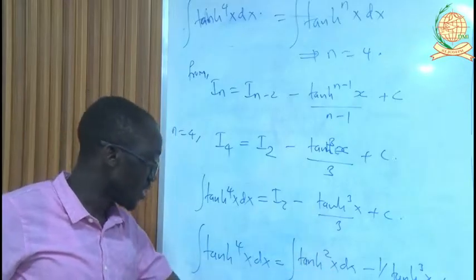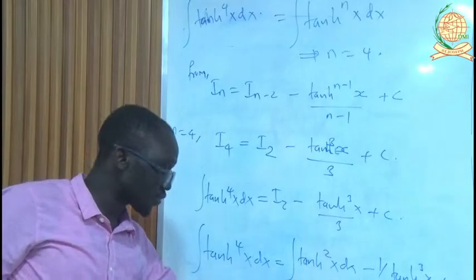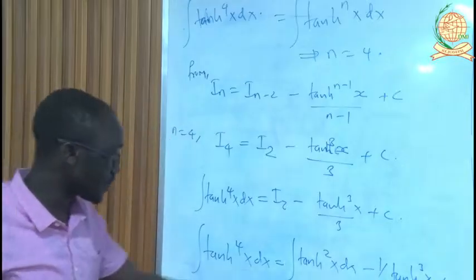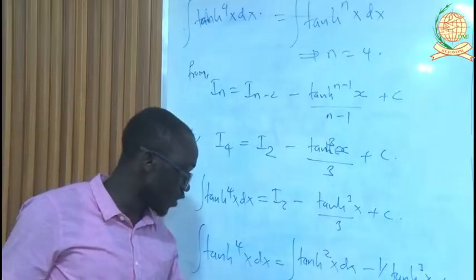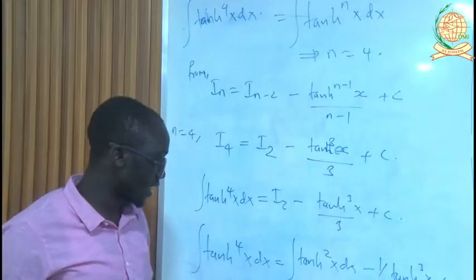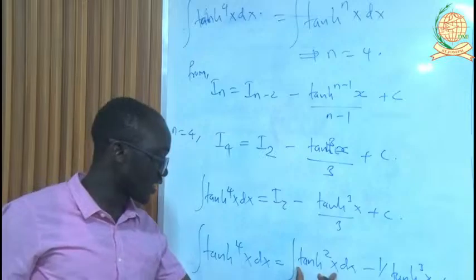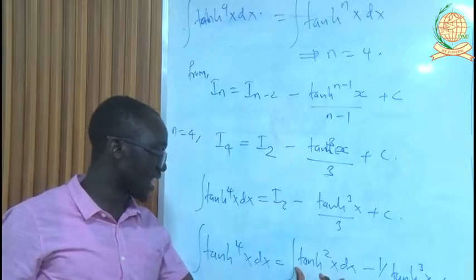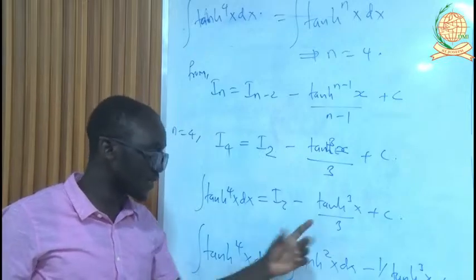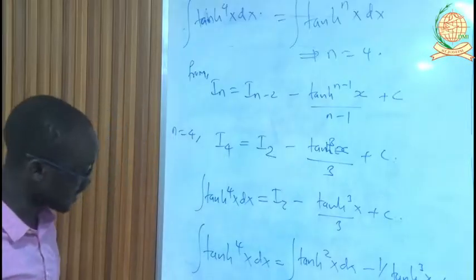Why do we do this? Because sec square can be integrated simply compared to tangent square. We know the integral of sec squared x and the integral of 1, so we don't have to bother integrating tangent squared dx, since we can express it in terms of terms that can be easily integrated.